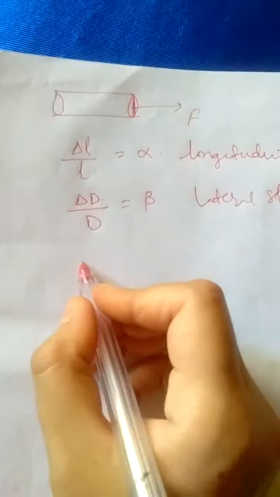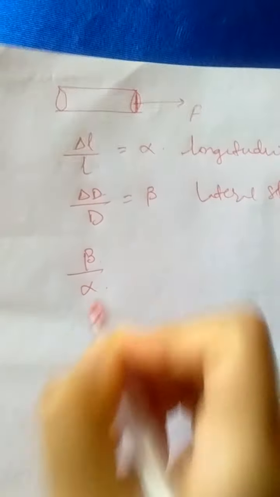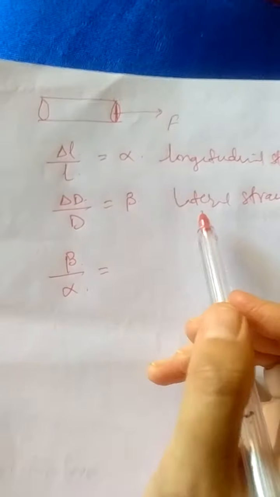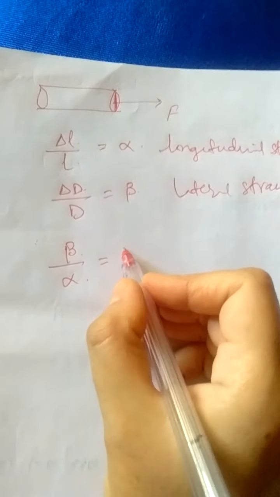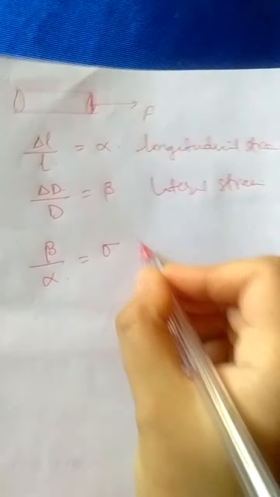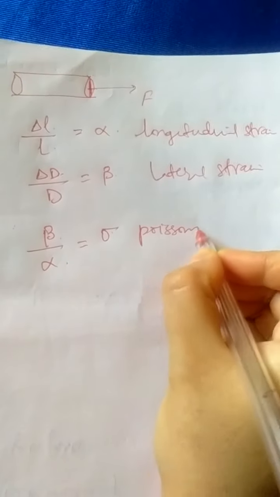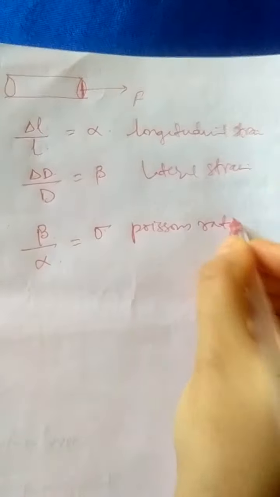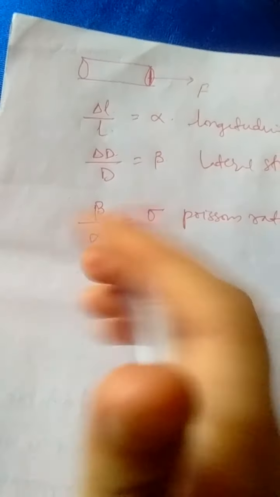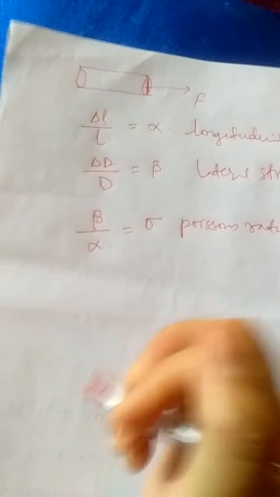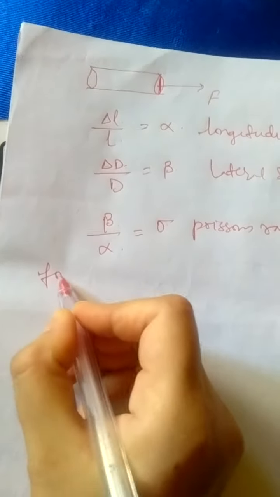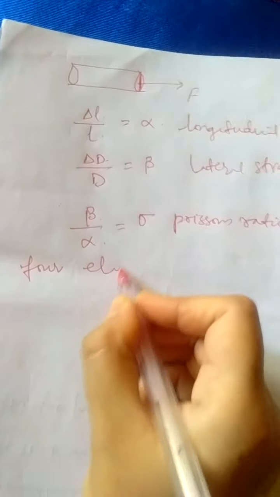So the ratio beta by alpha, that is the ratio of lateral strain by longitudinal strain, is given by another constant that's called sigma. This is called as Poisson's ratio. Now if you understand all these things very well, then it is very easy for you to establish the relation between these four elastic constants.